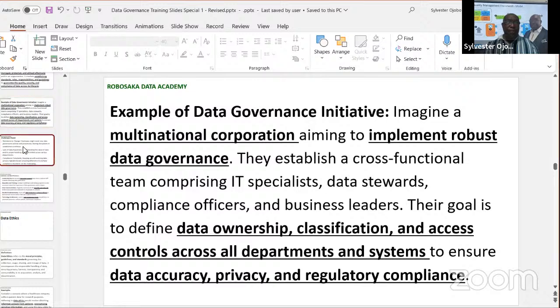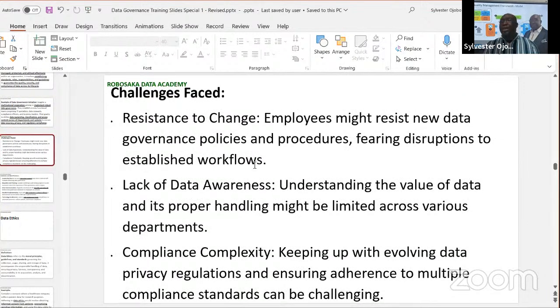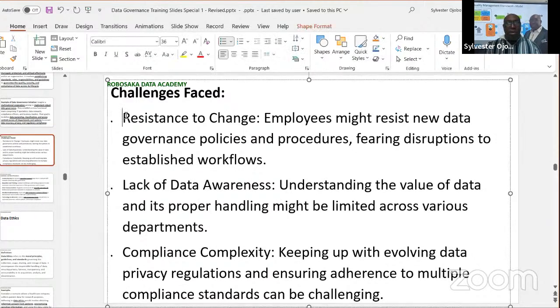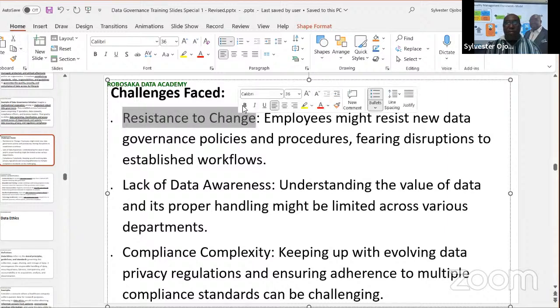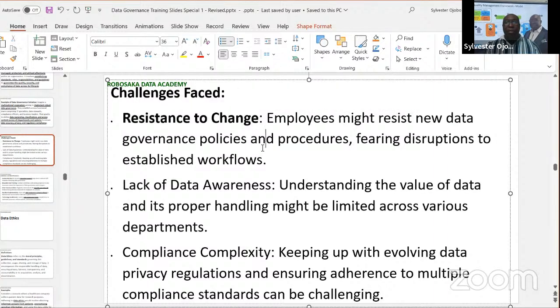Okay, what are the challenges a corporation may face during data governance practice? Don't forget, this is always a question in an interview. People resist change. Employees might resist new data governance policies and procedures.